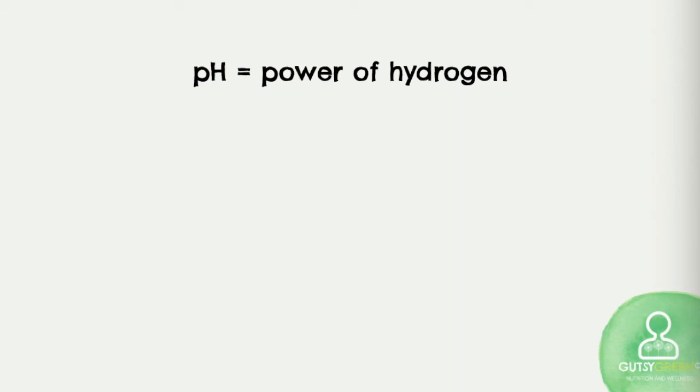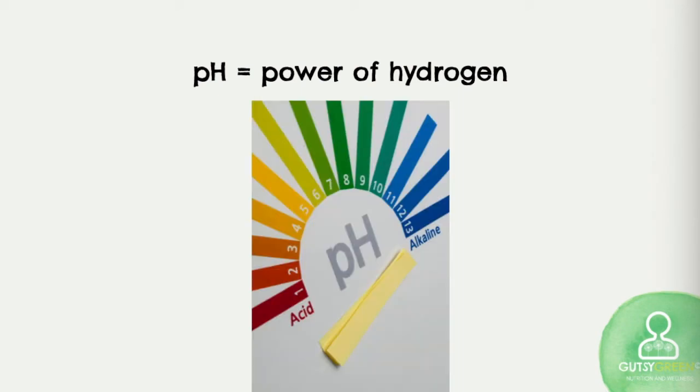Acidity is measured using a system called pH, or power of hydrogen. This scale runs from 0 to 14, where 0 is the most acidic, 14 is the most basic, and 7 in the middle is neutral. Water, for example, has a pH of 7.